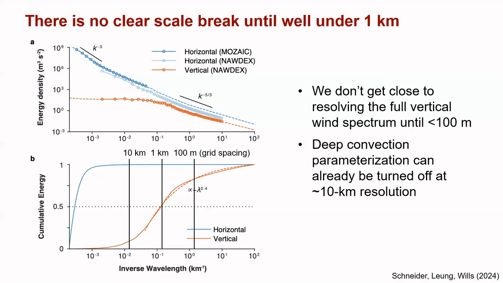There's not really a perfect place to put yourself in terms of grid spacing on this spectrum. So I think there's not really a strong argument that we need to push for 1 kilometer. I think 10 kilometers is a good starting point, and it's already where we can explore the implications of turning deep convection on and off and do some more experiments.